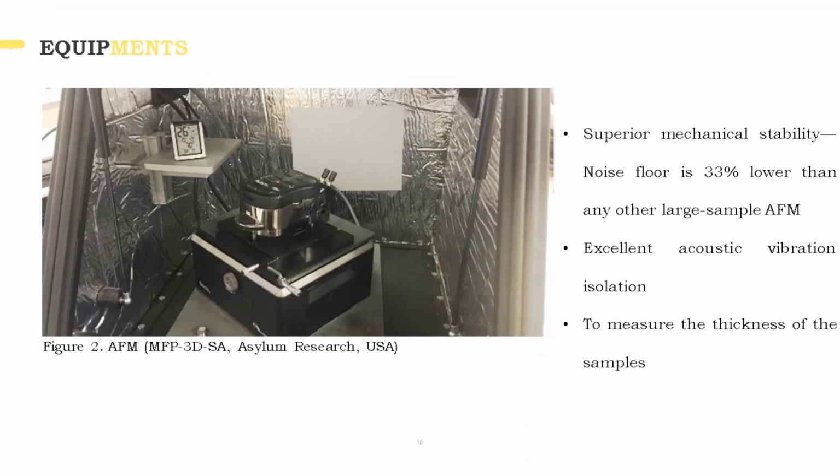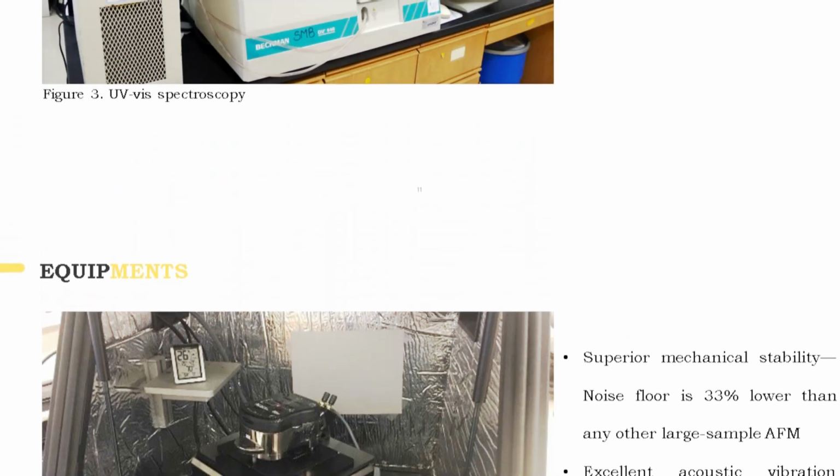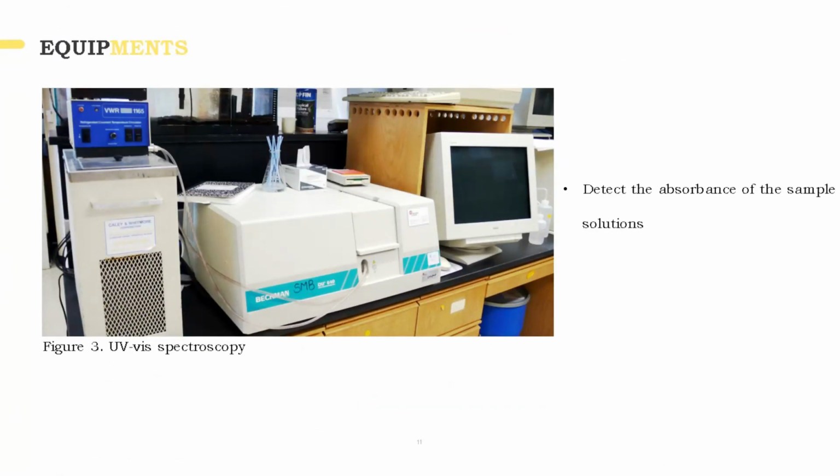For the equipments used in the study, first we have the atomic force microscope from MFP 3DSA, Asylum Research USA. It is used to measure the thickness of the samples. Second, we have the UV-Vis spectroscope.